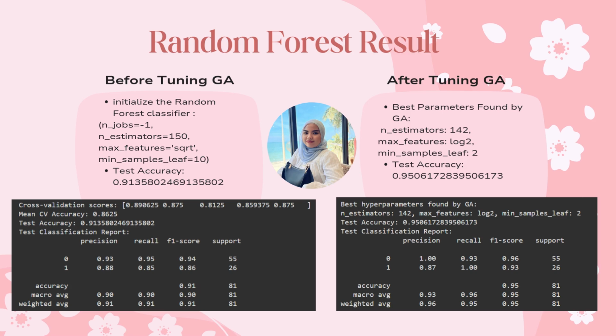But after tuning with GA, the best parameters found by the genetic algorithm are n estimators 142, max features log2, and min samples leaf 2, which gave a test accuracy of 0.95, a difference of around 0.04 from before tuning with GA.